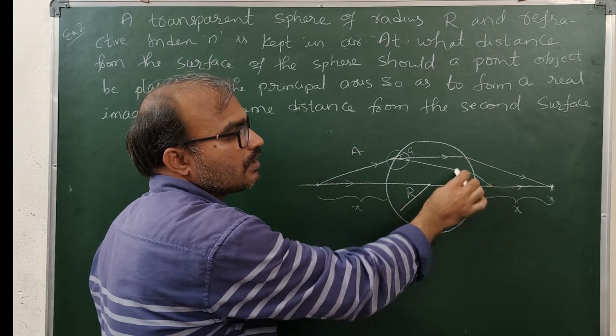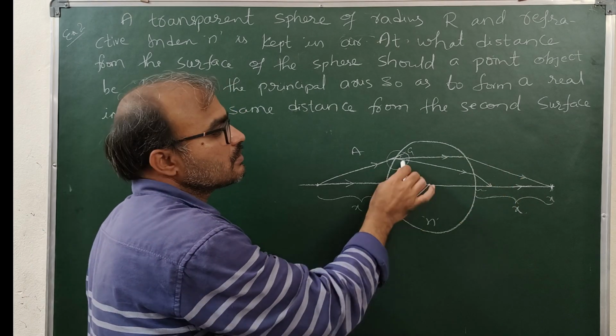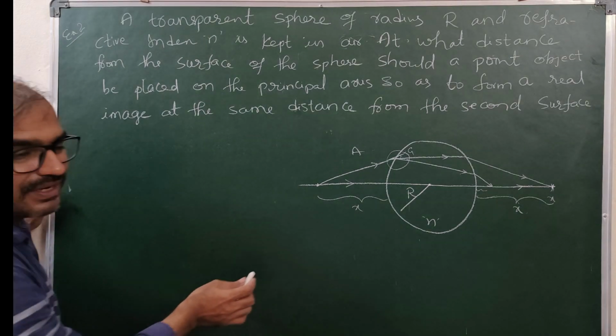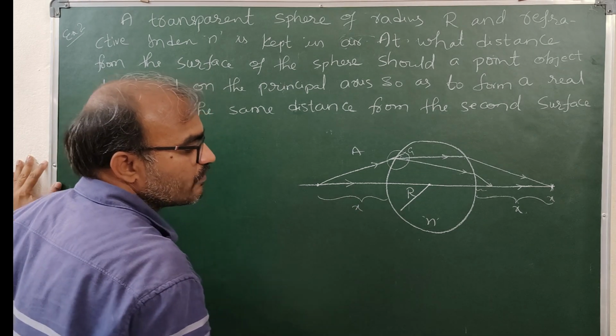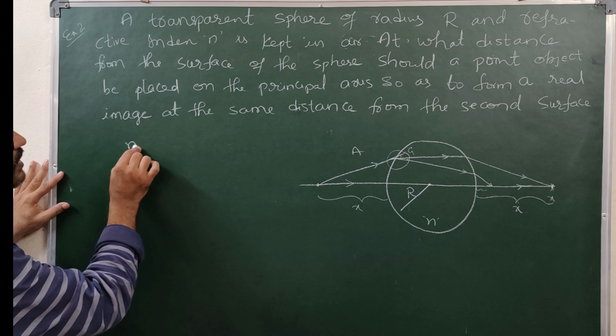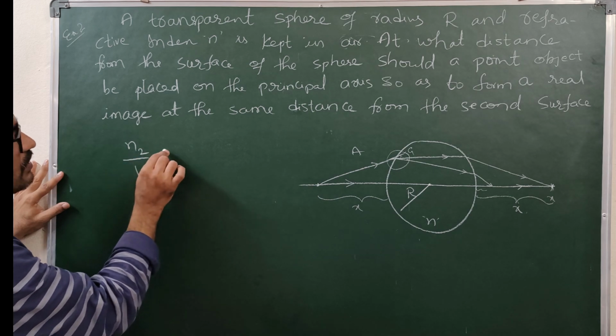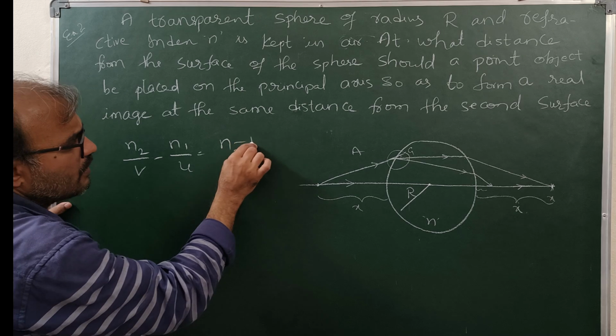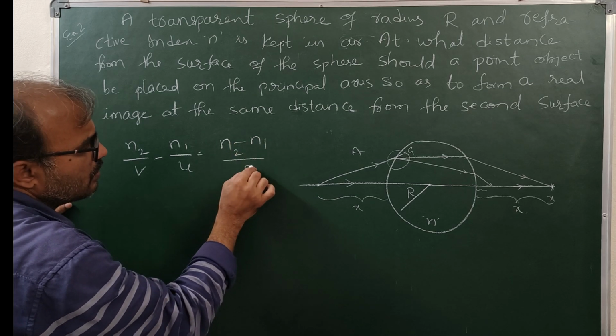We don't need all of this. Now what is the formula for refraction at curved surfaces? The formula is n2 by v minus n1 by u is equal to n2 minus n1 by r.